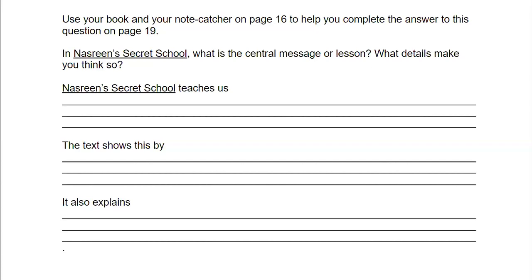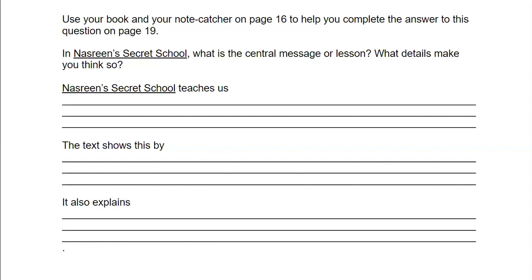Okay. So now, what do you think, Robert, the central message of Nazarene Secret School is? What do you think we should learn from it? Go ahead and unmute so I can hear you. Do you remember that the central message is something you learn, the character learns something, we learn from what the character goes through, something we can apply to our life?